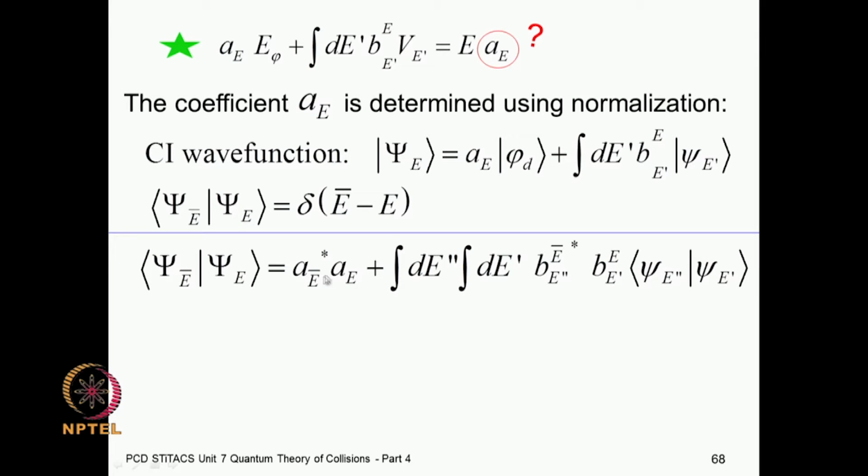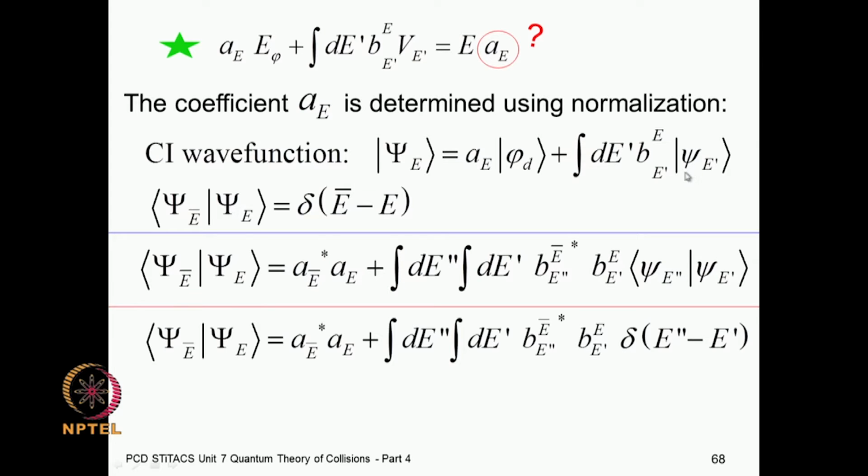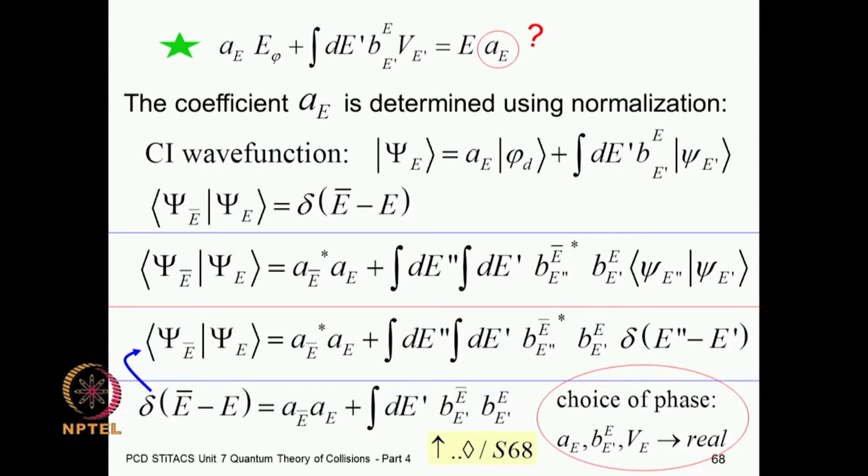So, you will get AE star AE from the first term. Phi and psi are orthogonal, and then you will get the BE star BE times this. We have used these orthogonalities earlier as well.